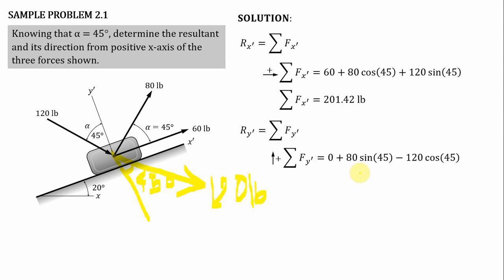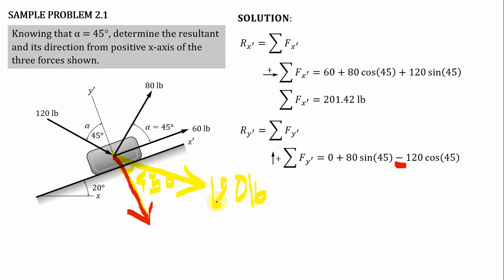Kung gusto natin kunin yung vertical component ng 120 pounds, ito yung vertical component niya. And that direction is going downward. So that downward siya, so minus siya. So how to solve the vertical component? How to solve this component?